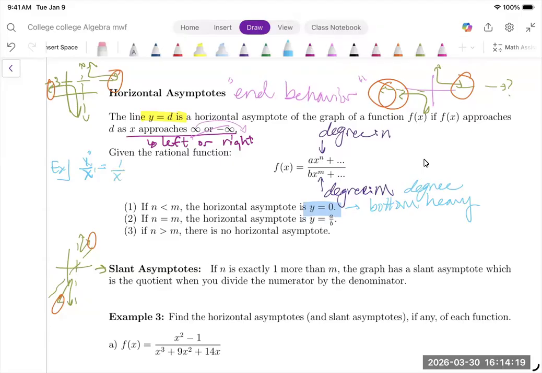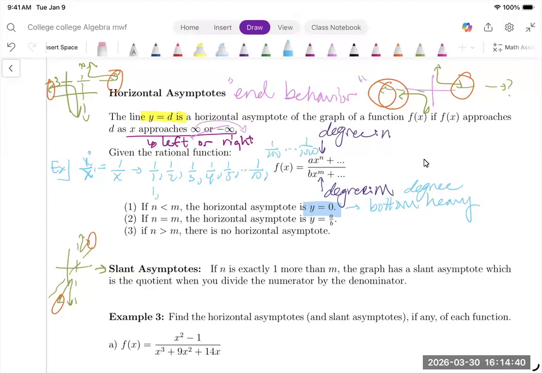So if x is getting big, going left or right, I could have 1 over 1, 1 over 2, 1 over 3, 1 over 4, 1 over 5, 1 over 10, 1 over 100, 1 over 1,000.